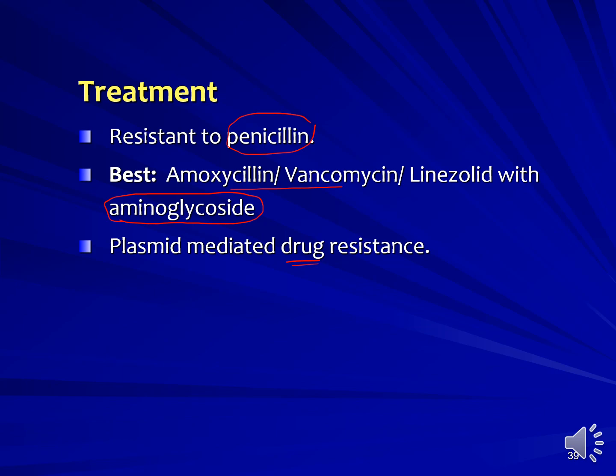This is one of the more dangerous MDR groups of organisms, multi-drug resistant bacteria like Staphylococcus aureus, and also E. coli, Klebsiella, Pseudomonas, and Enterococci. These are all the MDR bacteria.